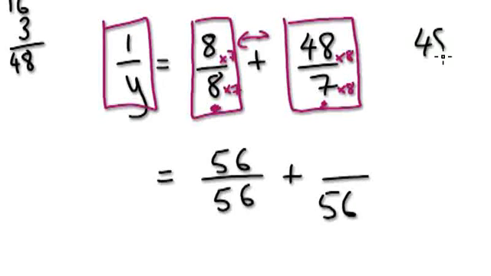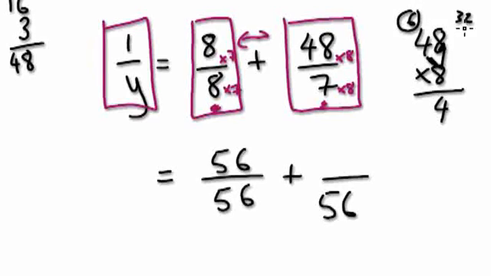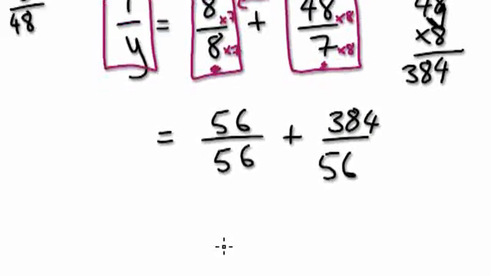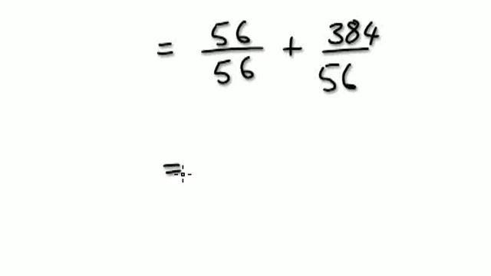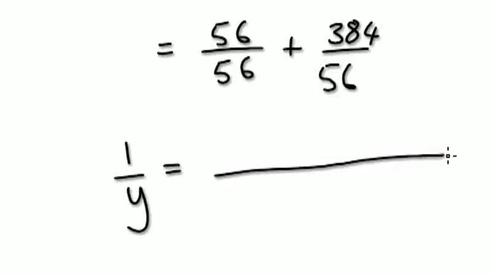So now it's 48 times 8. So this times this would be 64, carry the 6. This times this would be 32, and then we carried the 6 earlier, so it would be 38. So it would be 384. So now 1 over y, merge the 2 together.